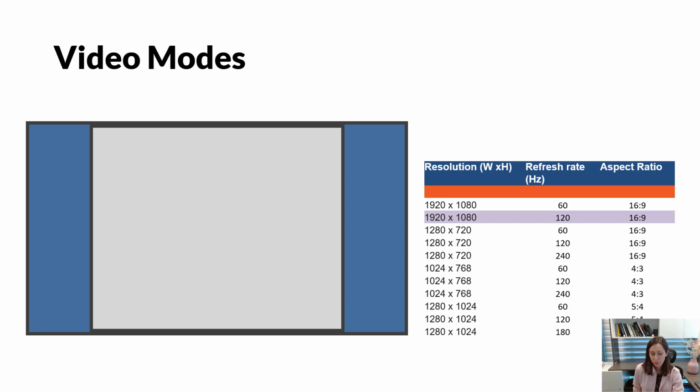In summary, the video protocol sets an upper limit on the amount of information that can be transmitted over a given period of time, and video modes provide important details about the formatting of the video signal sent to the projector. It is often possible to trade off certain characteristics of an image for others.